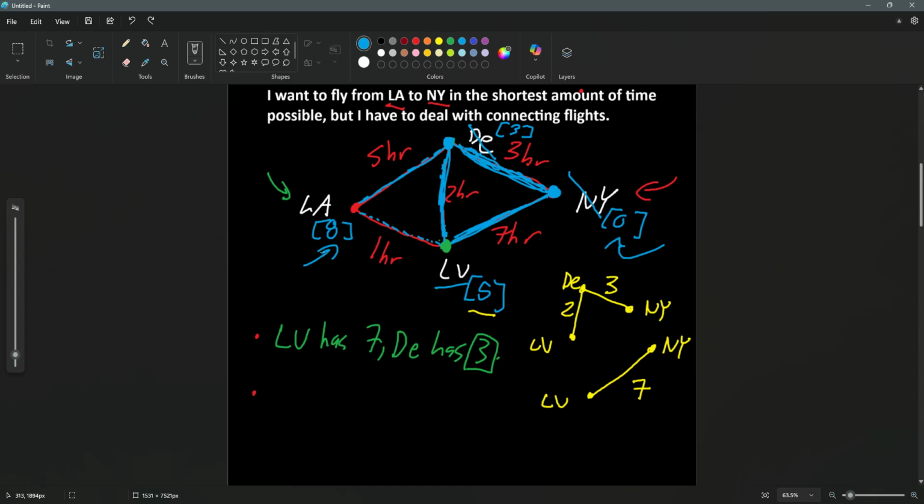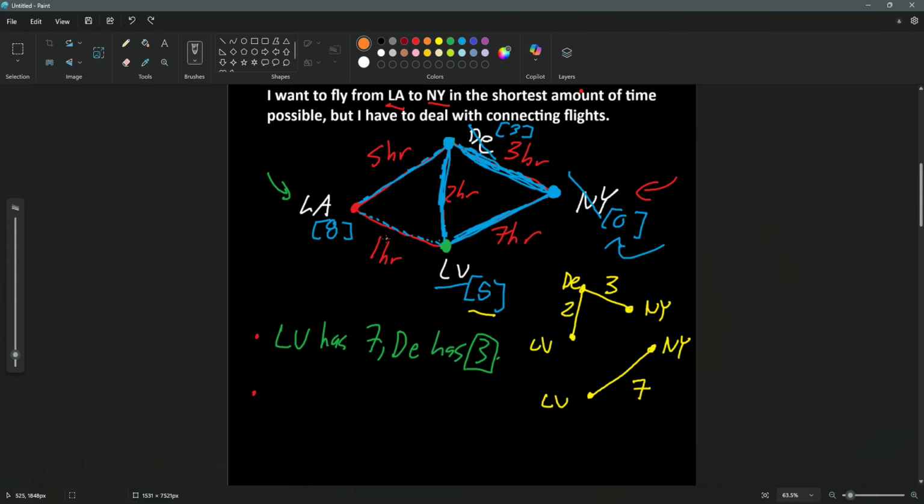Now, we're only going to replace it if going from LA to Las Vegas is faster than we already have, right? We already have this path. We found out that has a length of 8. And so the question is going to be, if we go to Las Vegas first, right, we do this, is that faster than 8?